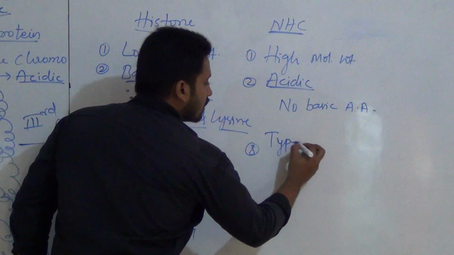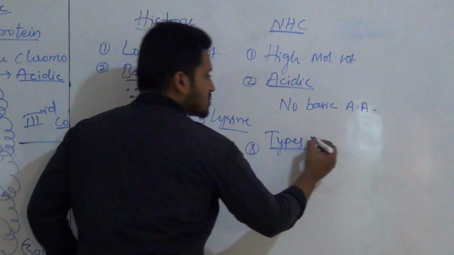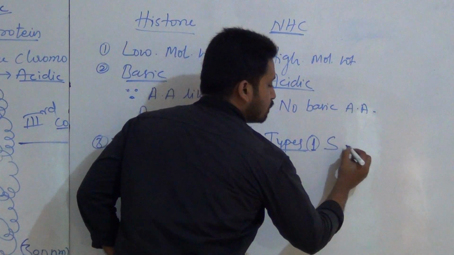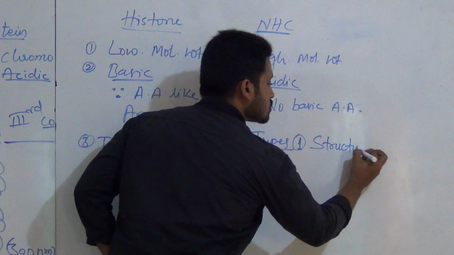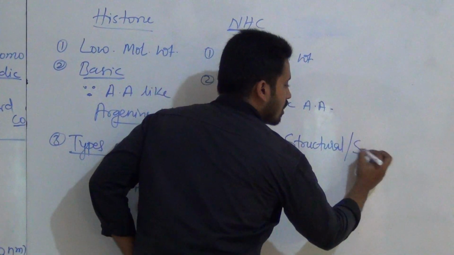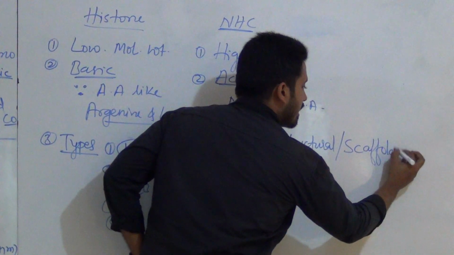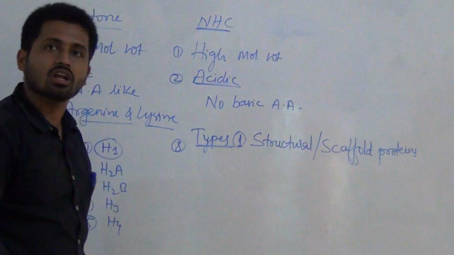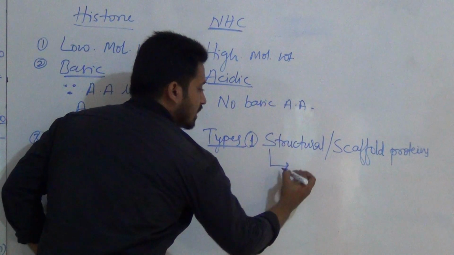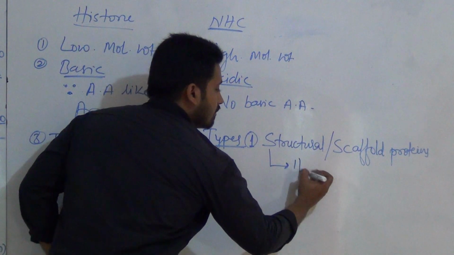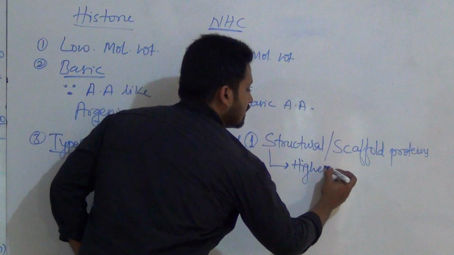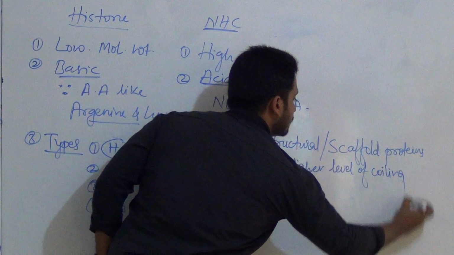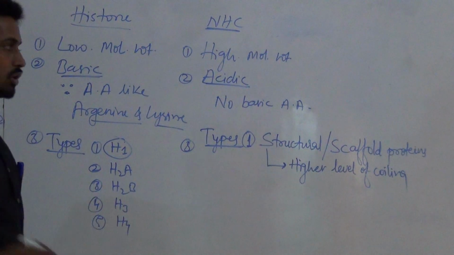Now here, important information: types of non-histone protein. First type, scaffold or structural proteins. What is its function? It helps in higher level of coiling, meaning chromosome formation.